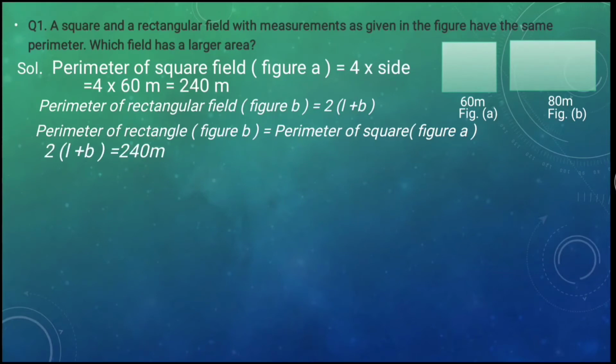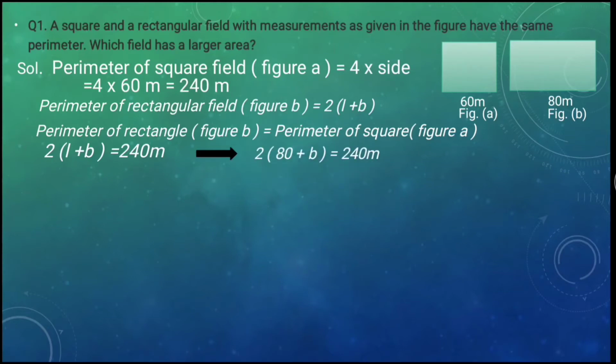So 2(L plus B) is equal to 240 meter. In place of this, I have written 240 because I have got the perimeter of the square field as 240 meter. Understood? So we have got an equation here, and by using it we can easily find out the breadth.